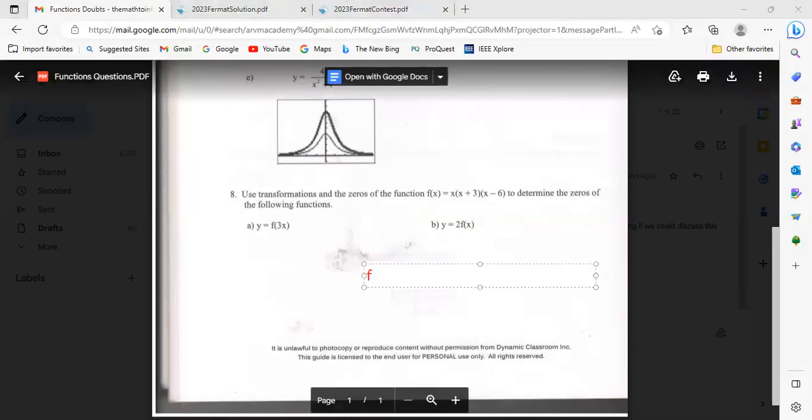Okay. So if you equate them, y has to equal 0. Can you equate them to 0 and find the zeros?